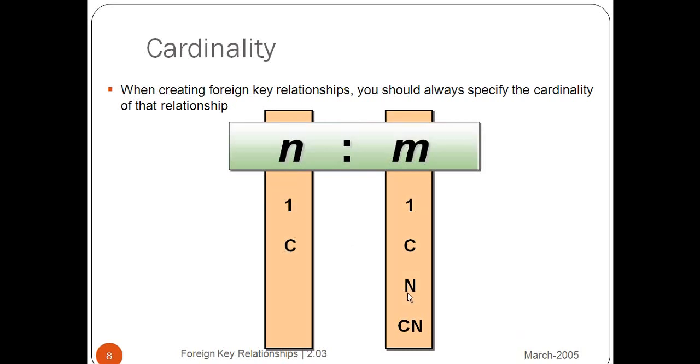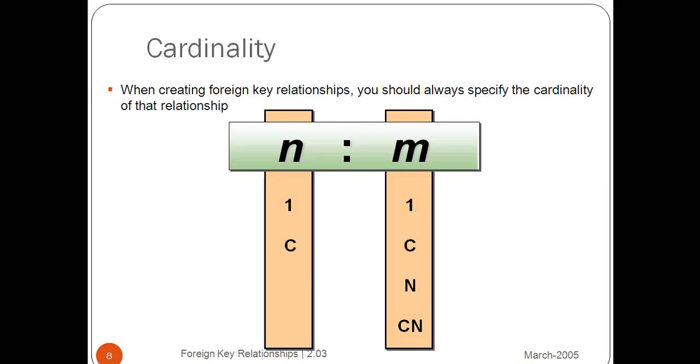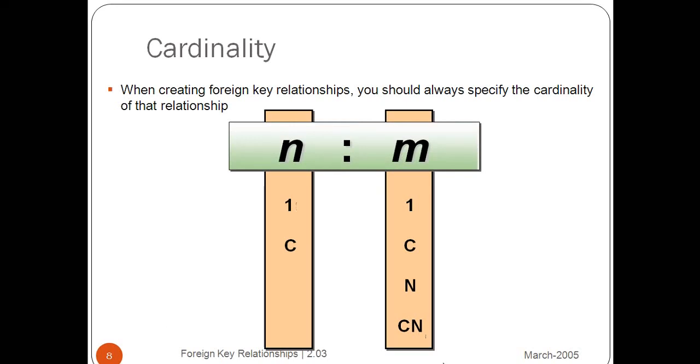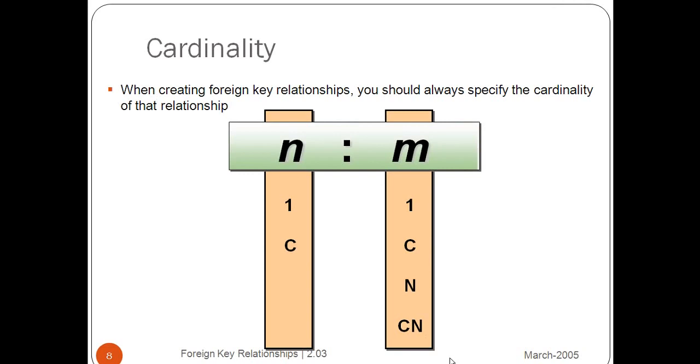1 to N, because in the first table it should be 1, it cannot be less than 1. Or you can maintain C to CN also, where there may not be any entry, meaning 0 to 0 could also be possible. So 1 to N means in the second table there should definitely be at least one entry, but it could have multiple entries also. 1 to CN is not possible, C to CN is possible, 0 to 0 is possible.